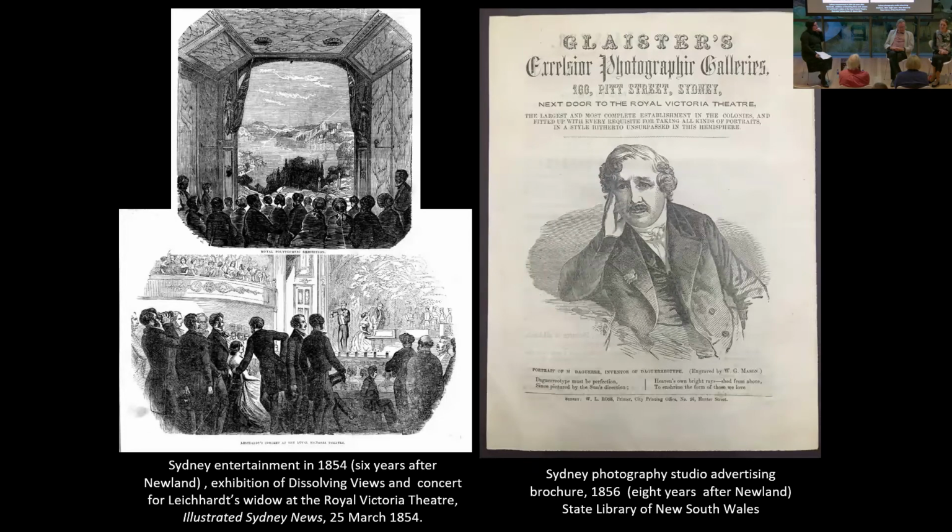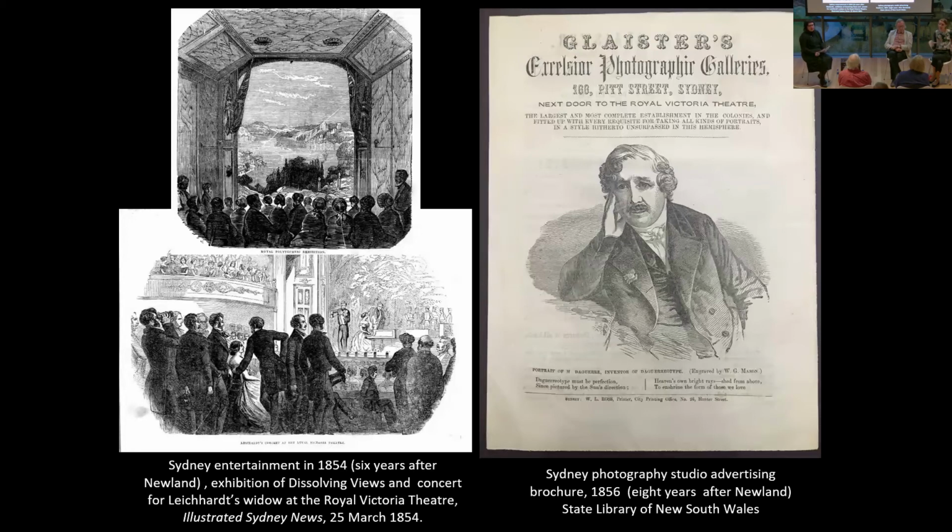And I think what we see after Newland in people like Glaister, who you mentioned, Donna, is that colonial customers and colonial audiences are really keen for choice. So people like Glaister, whose studios open in the mid-50s, advertise that you can have French cases, or American cases for your daguerreotype, or you can have British cases.